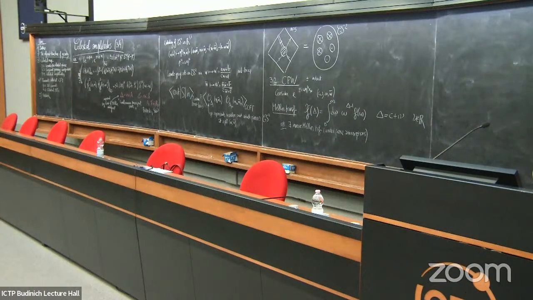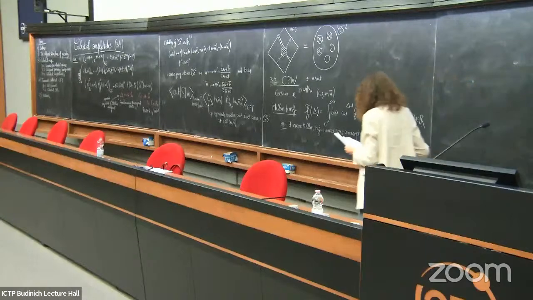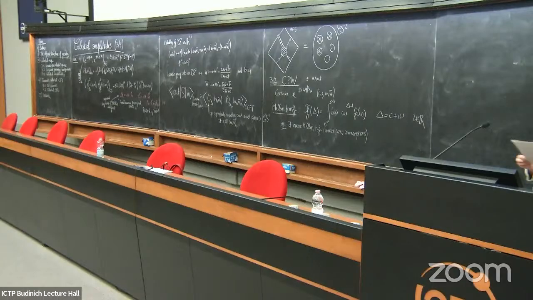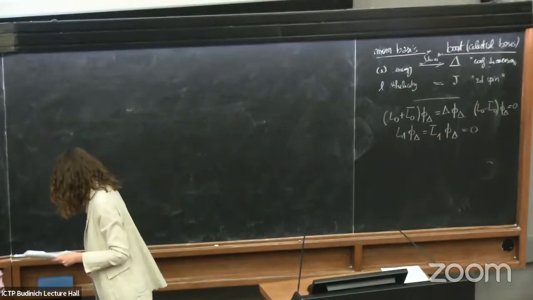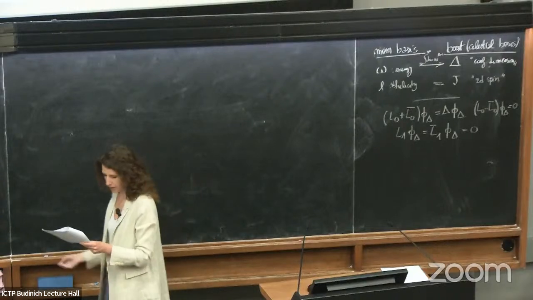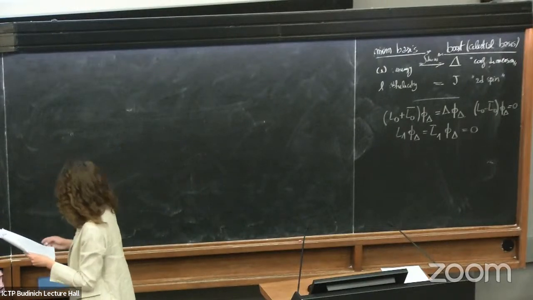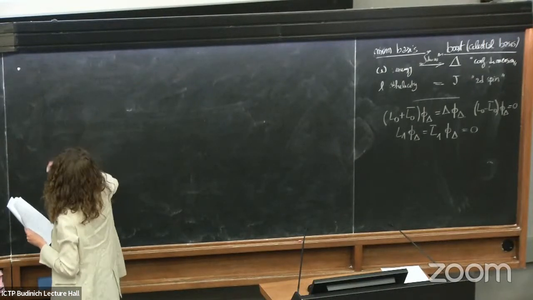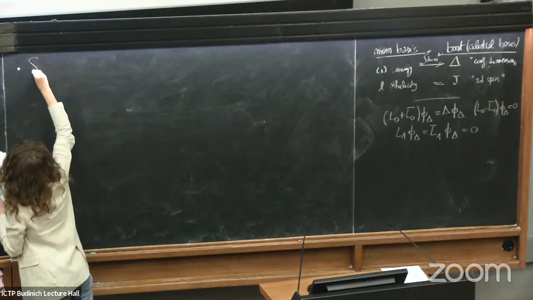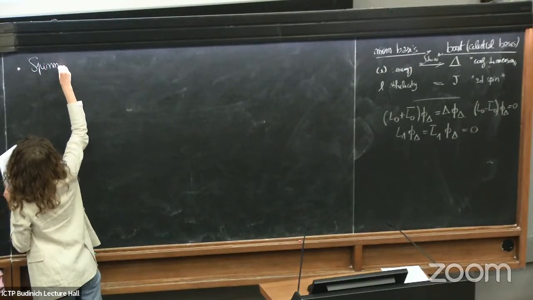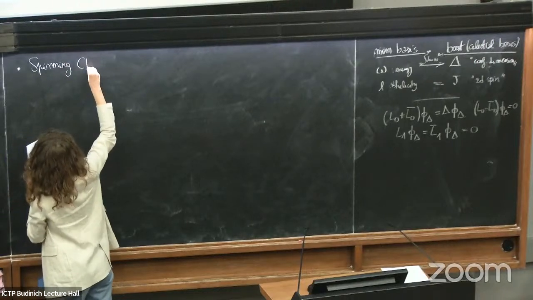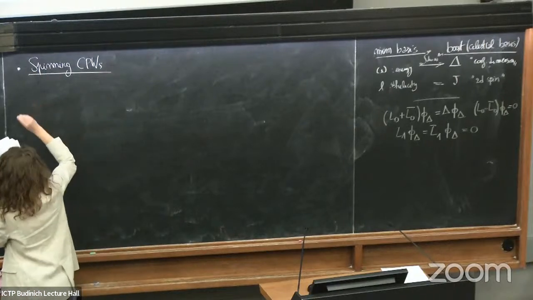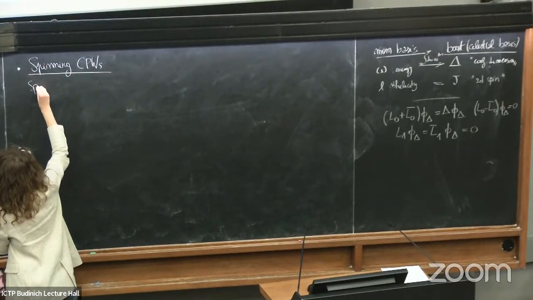So let me say a few comments about now spinning conformal primary wave functions, because at the end of the day, we'll want to discuss scattering of photons, gluons, and gravitons. So spinning. So I've written here the scalar case. Conformal primary wave functions. So spin 1 first.